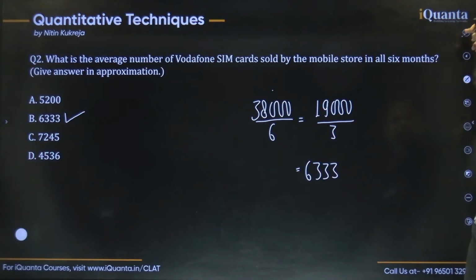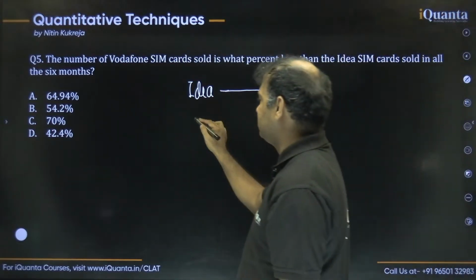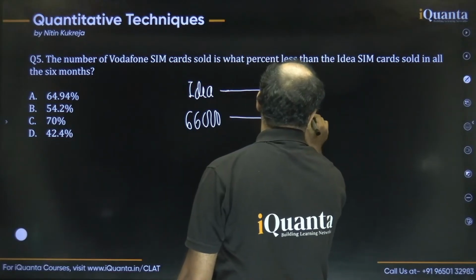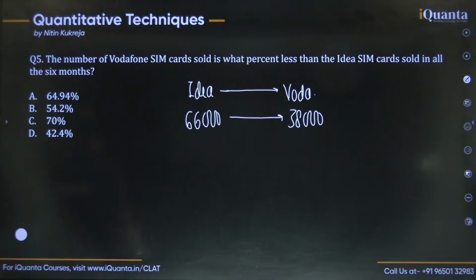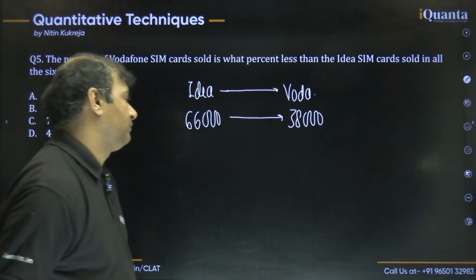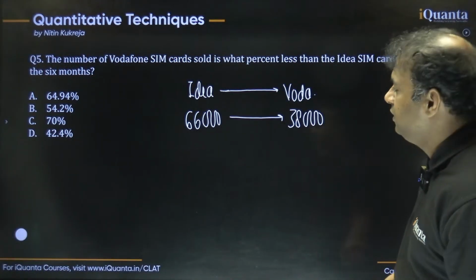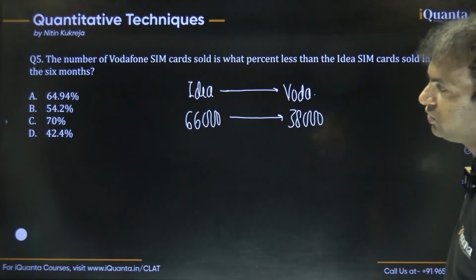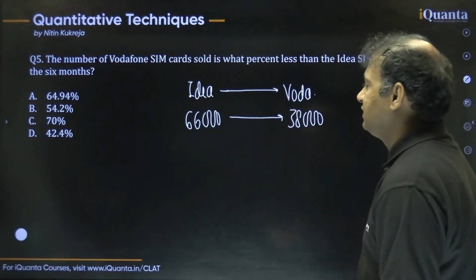So question number 5, let's do it now. It's only about the percentages. Idea is 66,000, as we just saw, and Voda is 38,000. We have to find how many percent less the total SIM sold by Voda is than the total sold by Idea. So finally we have to do the percentage decrease. As I told you before, whenever we do percentage change or decrease, we can always cancel the common terms.